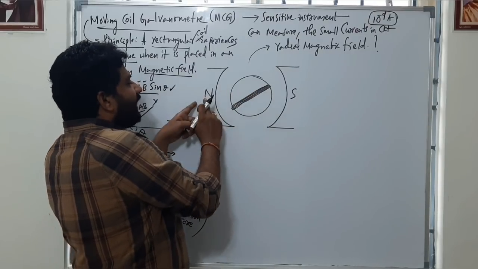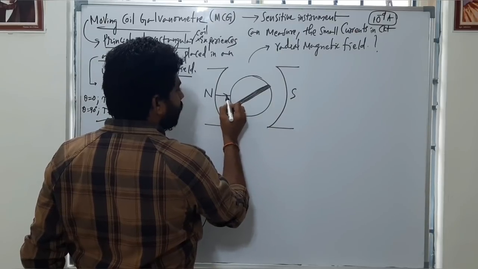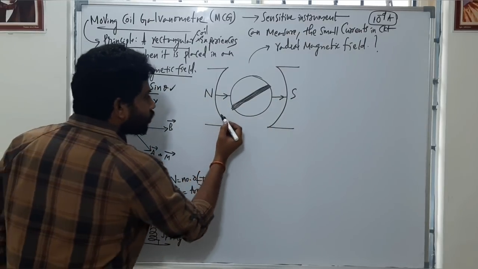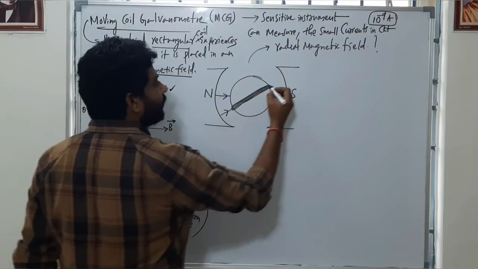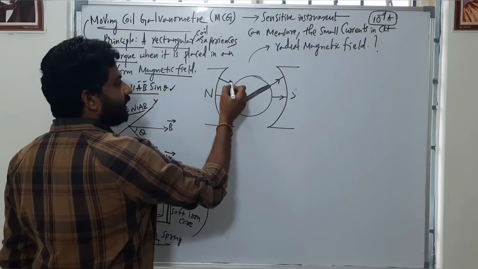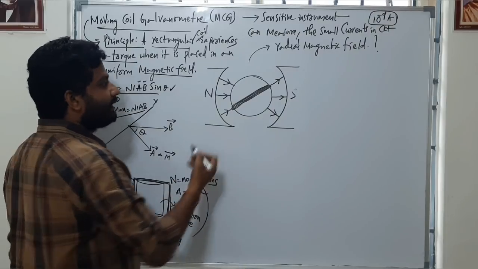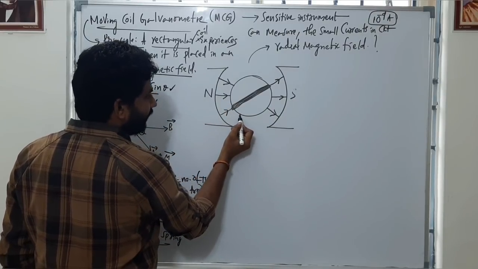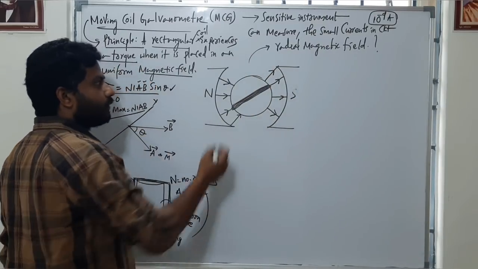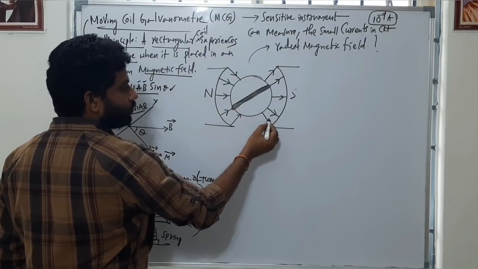See how the magnetic field lines will be moving from north to south. I'm just drawing here, carefully see. This is how the magnetic field lines will be moving from north to south, and this too.